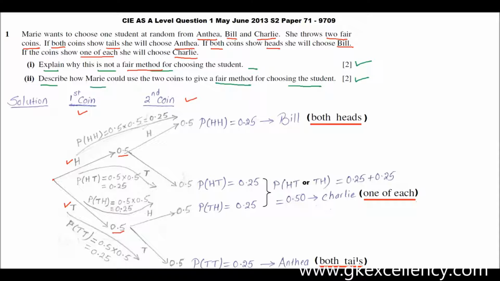Then in the second coin throw again, I'll get a head or a tail, so again 50-50 here. And if you get a tail here and branch out, then again in the second throw, head or tail, again 50% or 50% here.